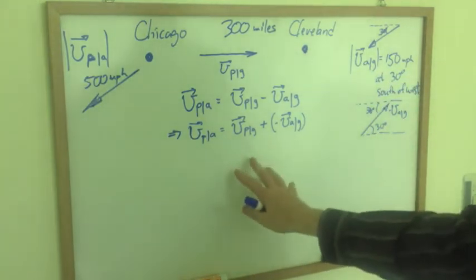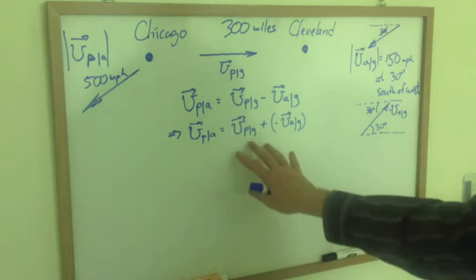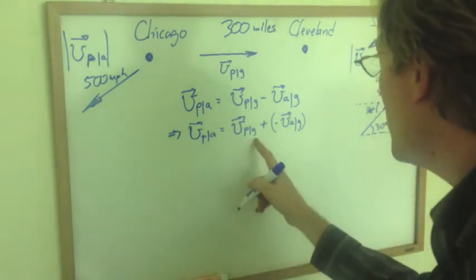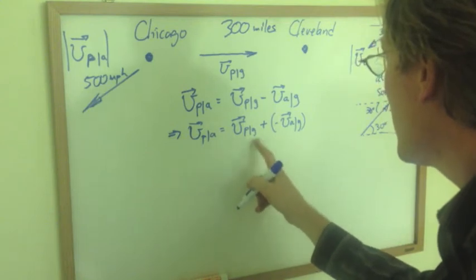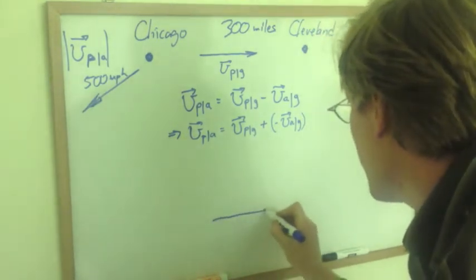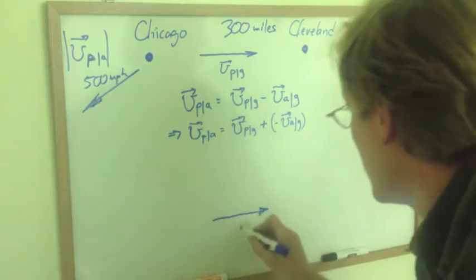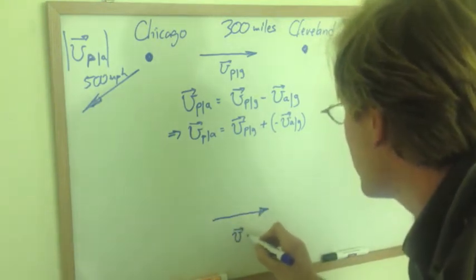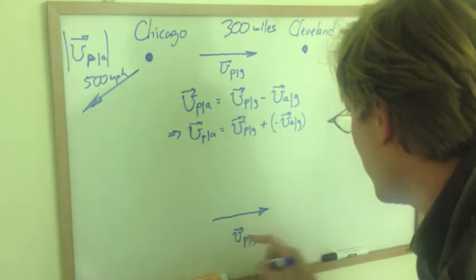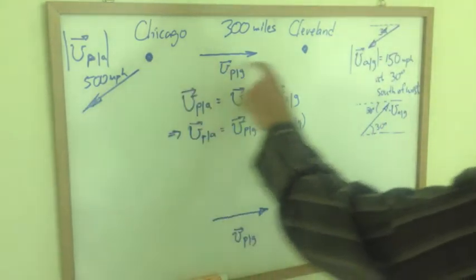Now we can graphically represent this vector equation. We know the direction, but not really the magnitude, of the velocity of the plane over the ground. We know we want to travel directly from Chicago to Cleveland.